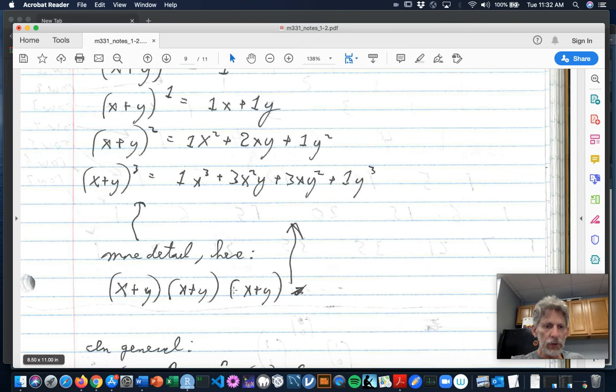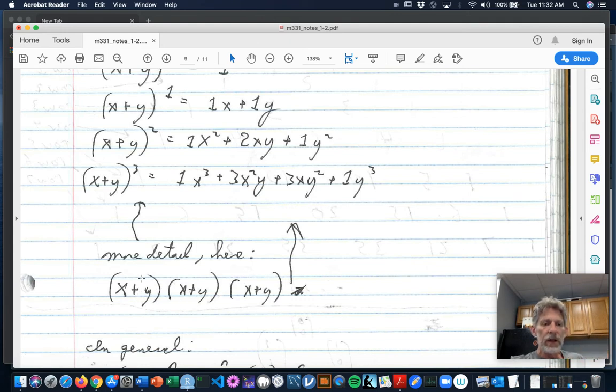So I've chosen 2 x's and a y, and x squared times y is what would get multiplied together. That would be one of several ways to get an x squared y.